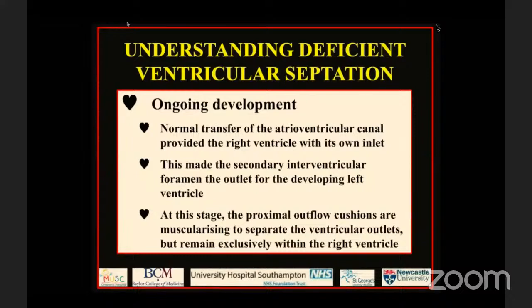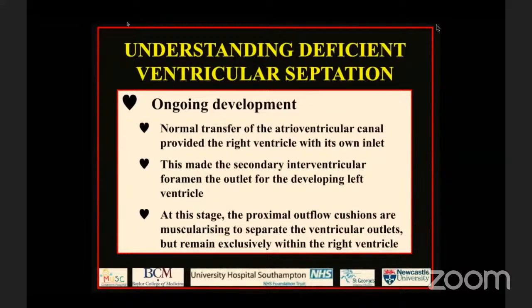So that means the secondary interventricular foramen is the outlet for the developing left ventricle. However, the outlet component itself is beginning to separate. And it separates by muscularization of the cushions that spiral throughout the ventricular outlets. At this early stage, however, those proximal outflow cushions remain exclusively within the right ventricle.